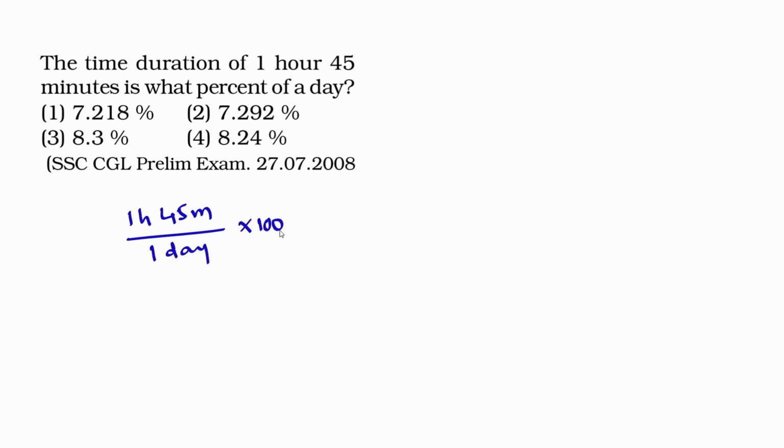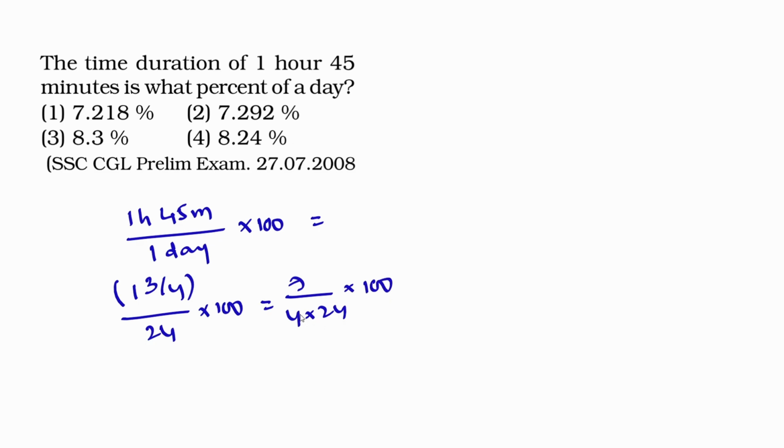So what would that equal? 1 hour 45 minutes would be 1 3 by 4 of an hour. Divide that by 24 times 100, which is 7 by 4 times 24 into 100.